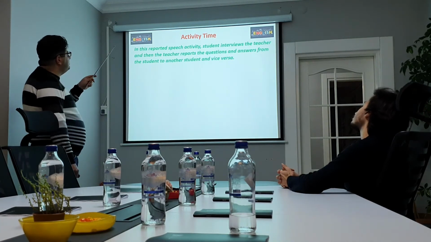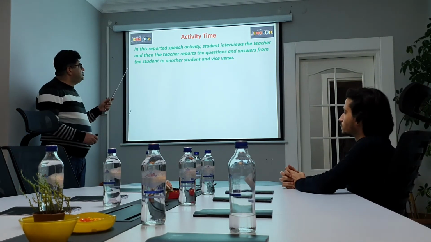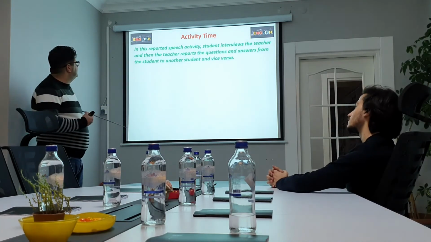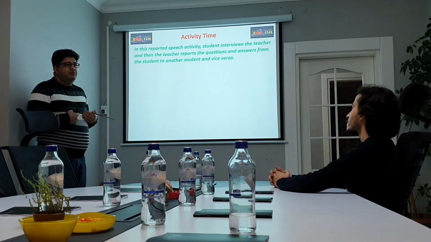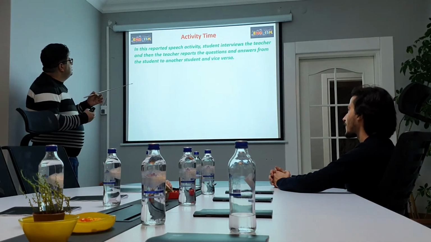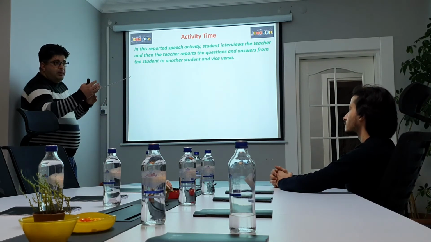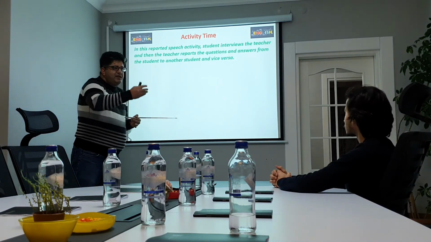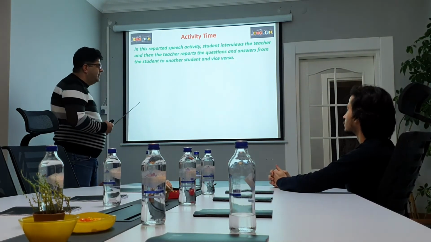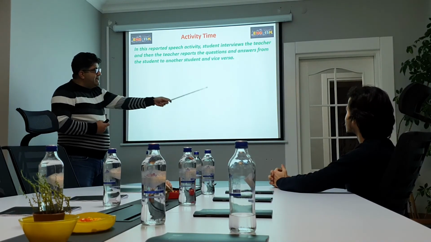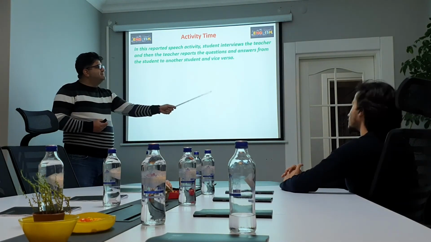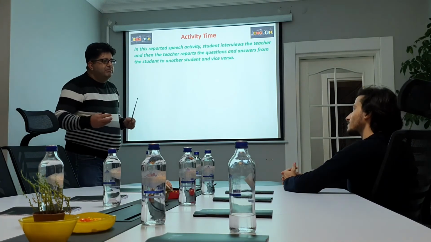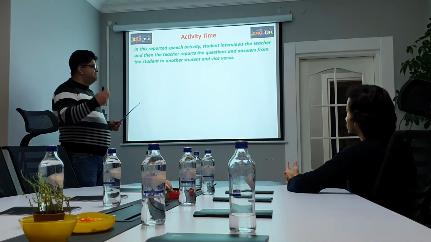In this reported speech activity, you interview the teacher. Ask me questions, and then the teacher reports the questions and answers from you to another person, and it will change vice versa. You see that flower? Let's give it a name, Michael or Dave. Let's make it Dave.